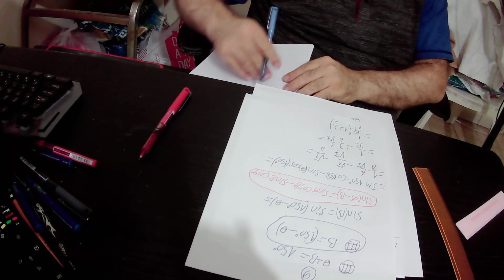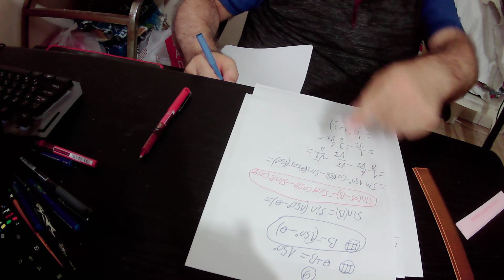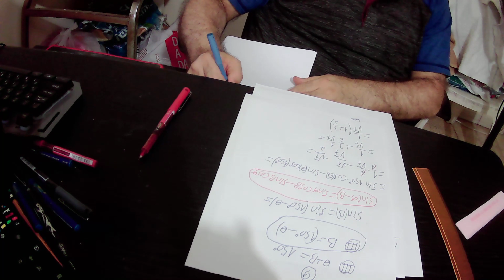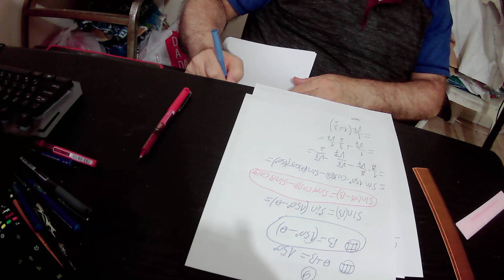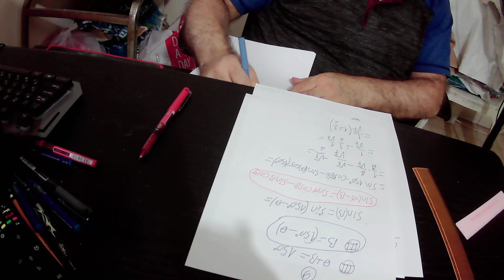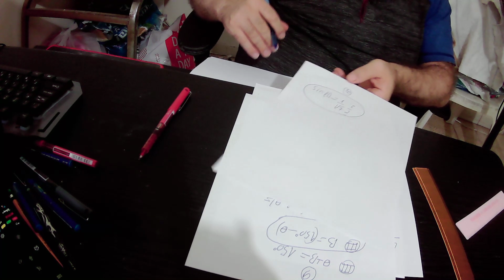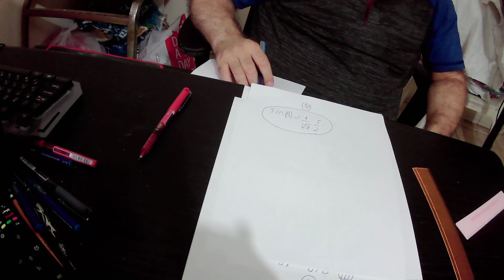So we can write down that the value of sinus beta equals 1 over root 7 times 5 over 2. Okay, actually we found out the value of sinus beta. Sinus beta equals 1 over root 7 times 5 over 2.